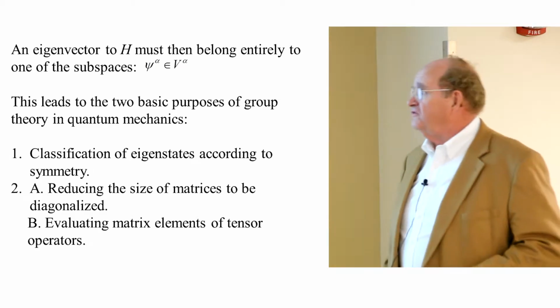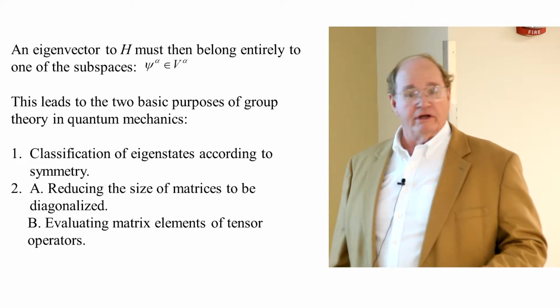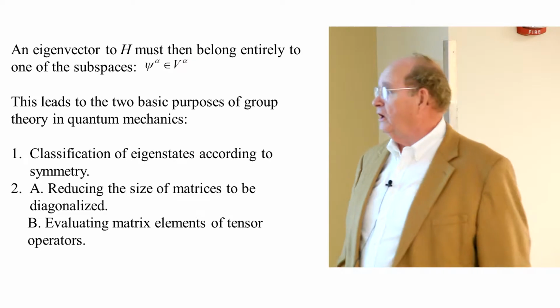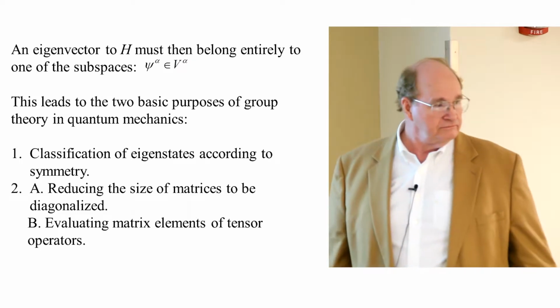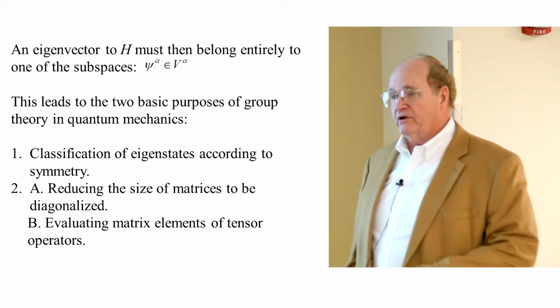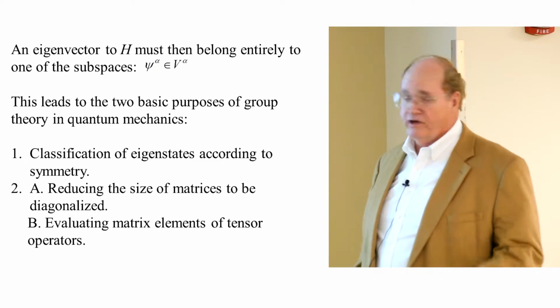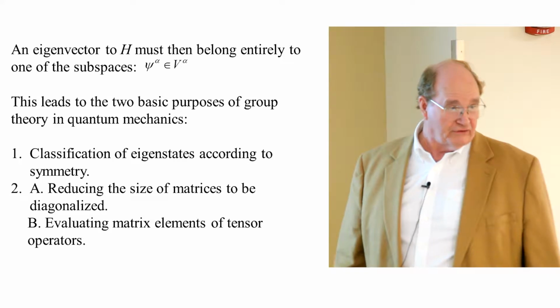And this leads to the two basic purposes of group theory in quantum mechanics. The first one is the classification of eigenstates according to symmetry. This occurs because any eigenstate has to be completely in some symmetry state, and therefore all our job is to do is find out what it is.